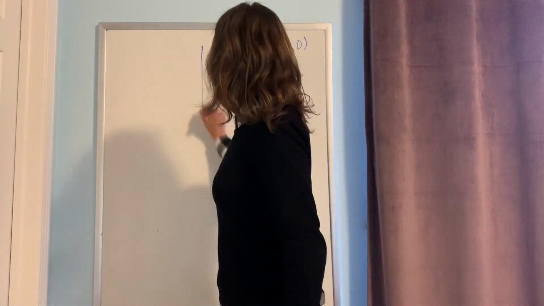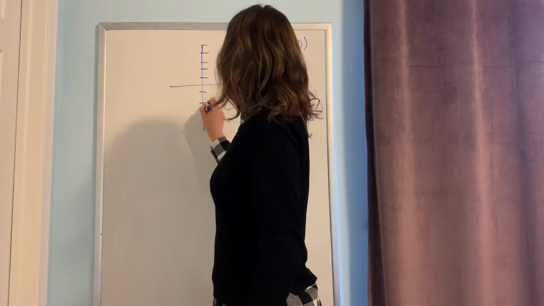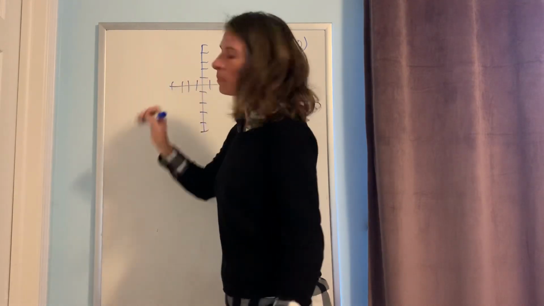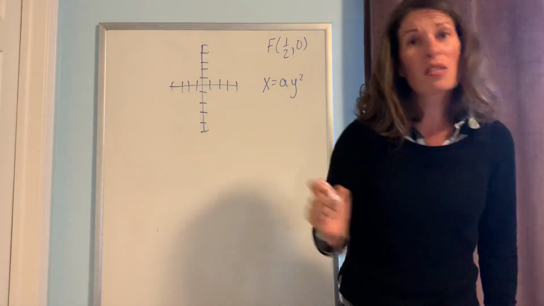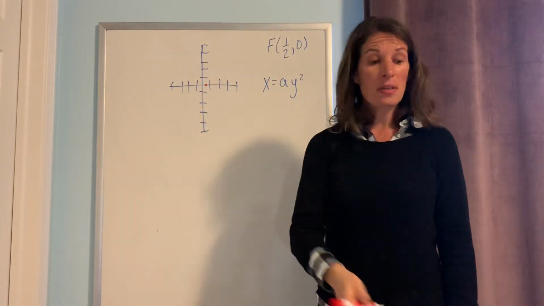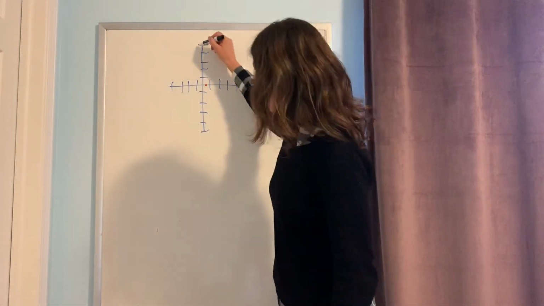We're going to draw our graph. I'm going to put my focus, and it's at 1/2. Now, if my focus is at 1/2, then that means that my directrix is at -1/2.